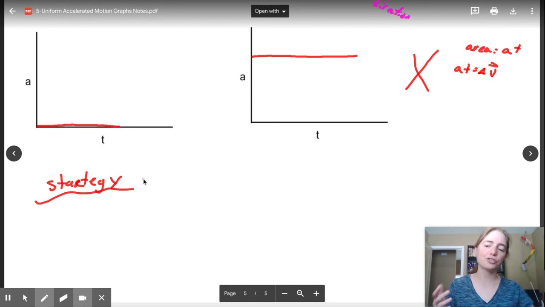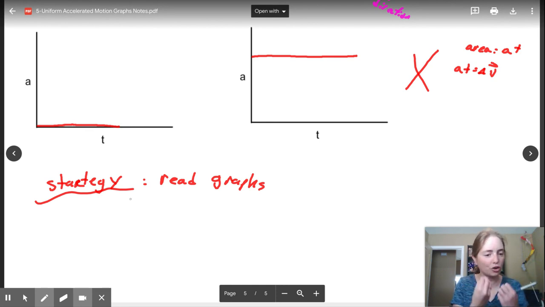So for your strategy, ladies and gentlemen, you are going to read the graphs. That's your biggest thing. If I want to say it in a nutshell, read the graph.